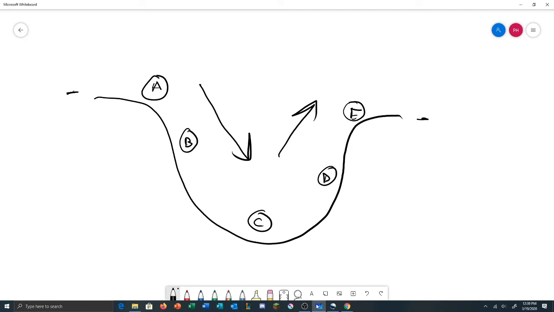What would you be able to gather from this? Well, maybe which ball has the most potential energy?